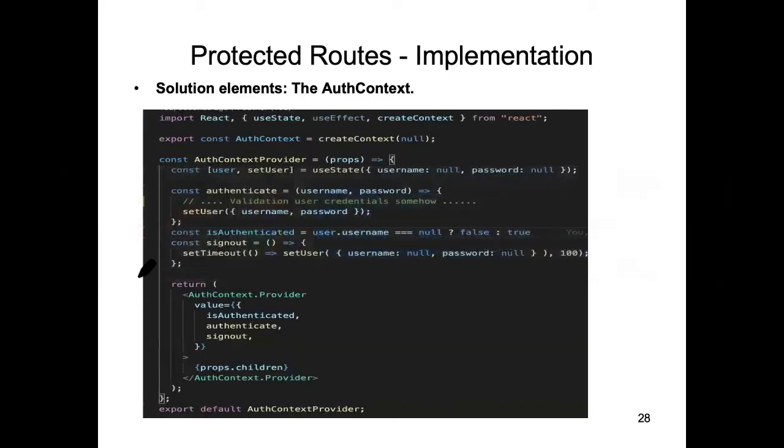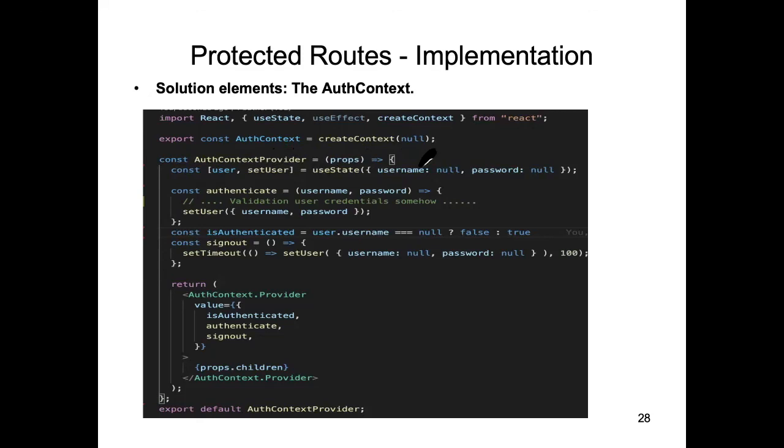So in terms of the different aspects of our solution, I'm going to have a context provider specifically concerned with authentication. So I'm going to call it my auth context. And in terms of state, it's going to store the currently logged in user.